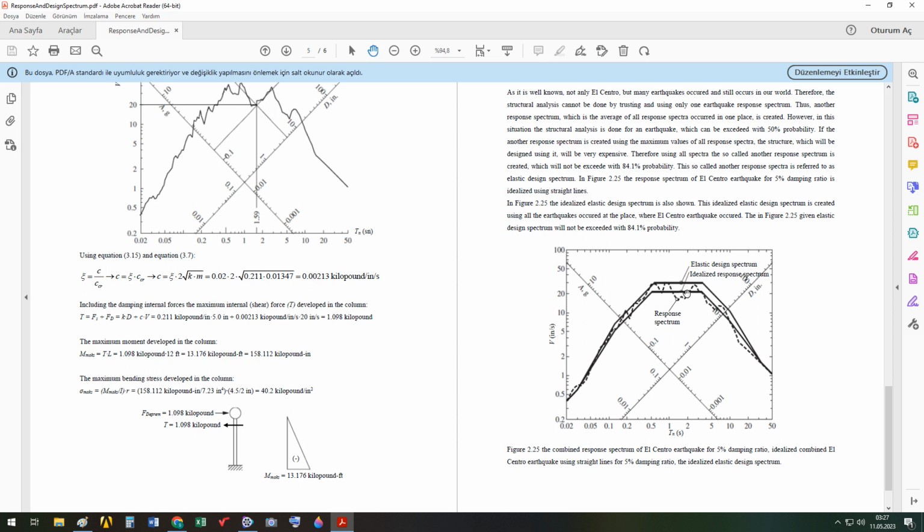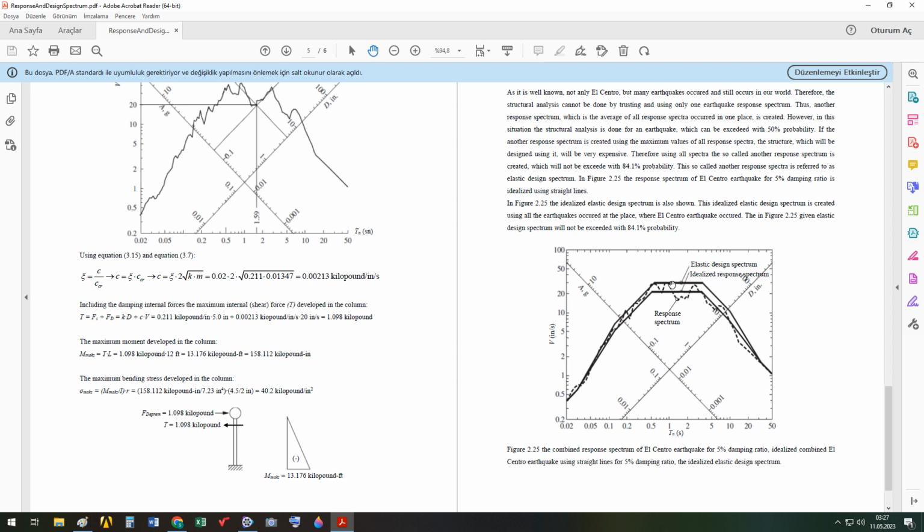We combine them so that the maximum values of floor displacements, floor accelerations, and floor velocities will not be exceeded with 84.1% probability. And depending upon this mathematical approach, using this response spectrum and many other response spectra, we create one spectrum.